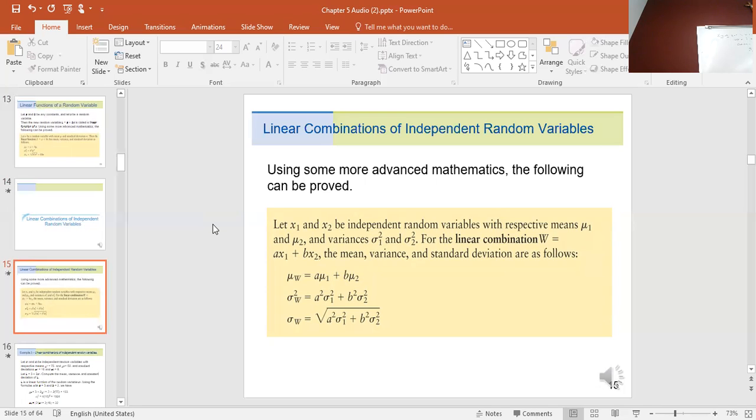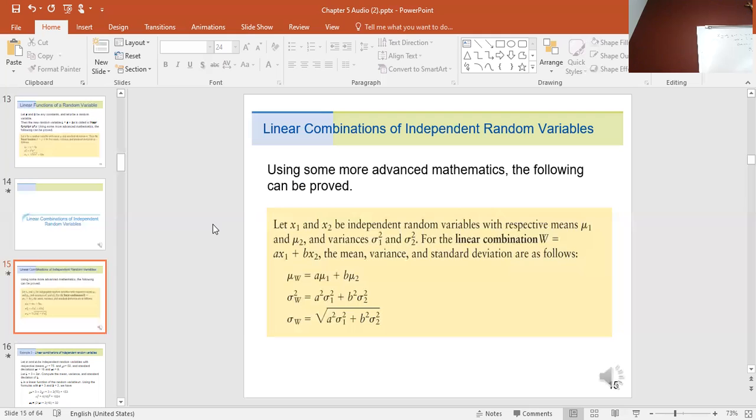W equal to AX plus BY is a linear combination of X and Y. The mean of W is A times mean of X plus B times mean of Y. And the variance of W is A squared variance of x plus b squared variance of y.